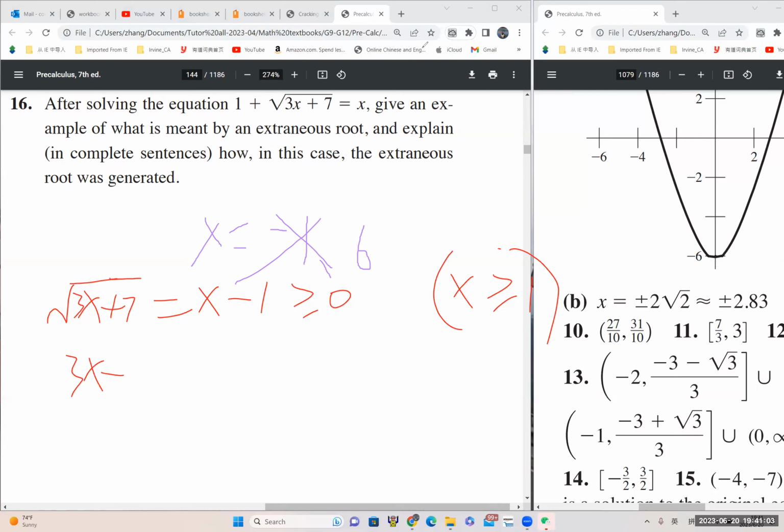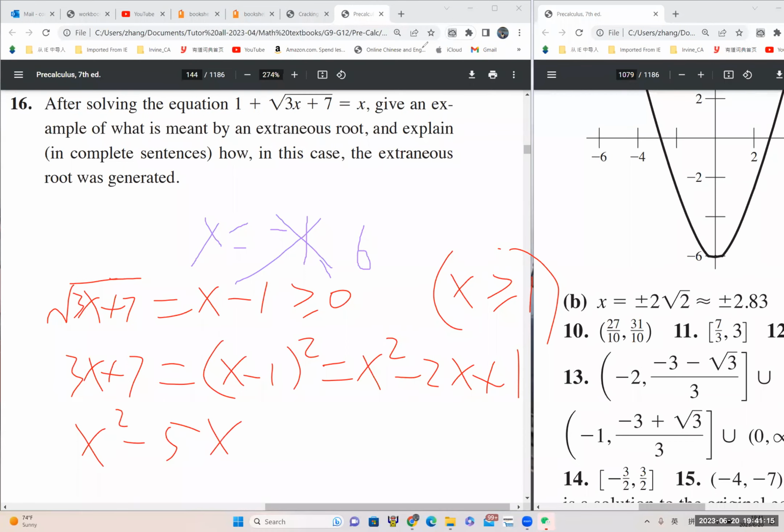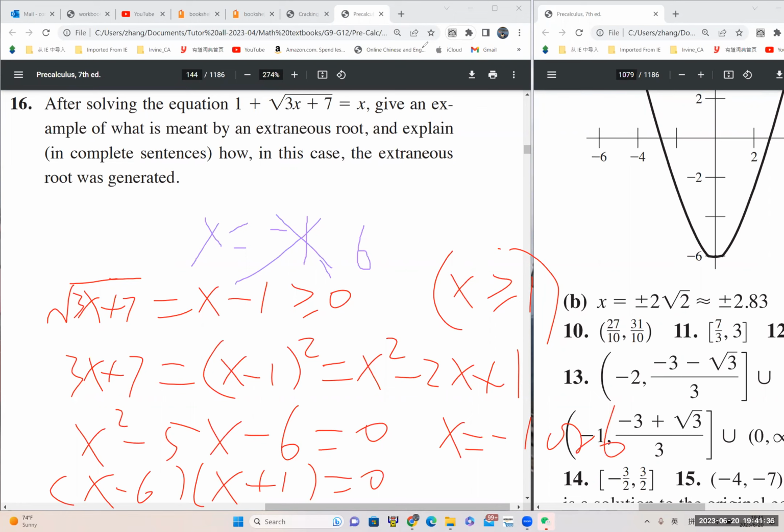Then we get x squared minus 5x minus 6 equal to 0. So we have x minus 6 times x plus 1 equal to 0, so x should be -1 or 6. But as mentioned, x should be greater than or equal to 1. So -1 is extraneous, right?